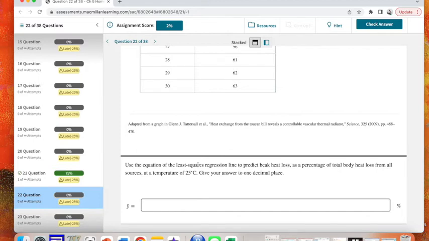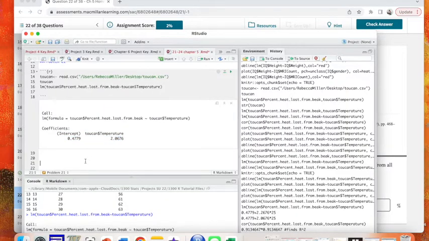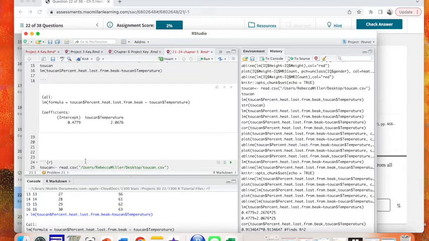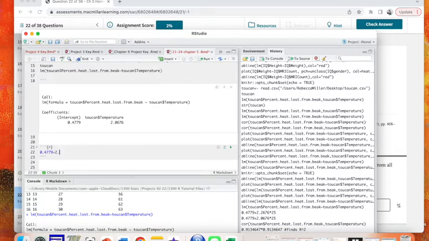Next, it wants us to use this least squares regression line to predict the heat loss at a temperature of 25 degrees Celsius. So we go back to R, and I say, okay, I have a y-intercept of 0.4779, and then my slope is 2.068% by temperature.